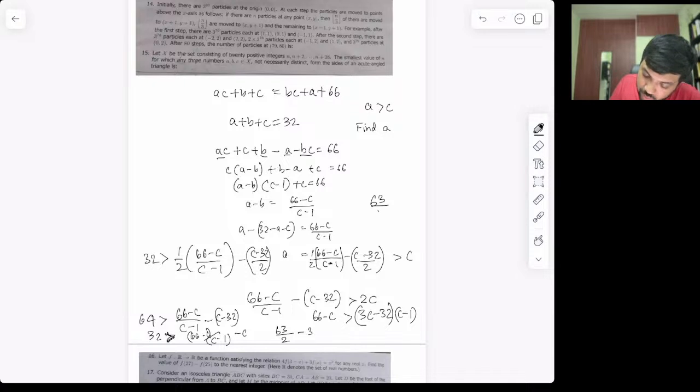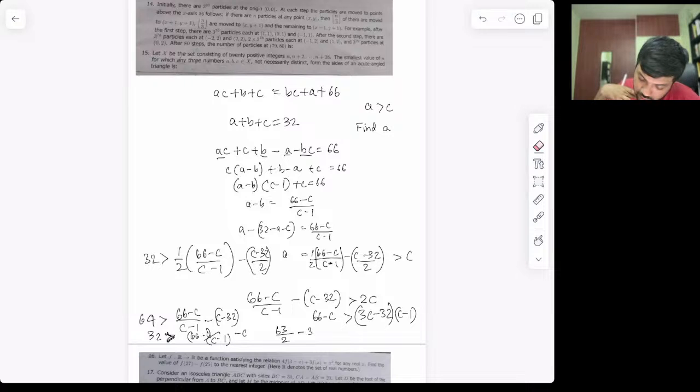63 by 2, 63 by 4 minus 4 minus 32 is minus 28 by 2. Will this work? No, this won't work. This won't even be an integer. So I think you have to do trial and error. C is equal to 3, C is equal to 4.